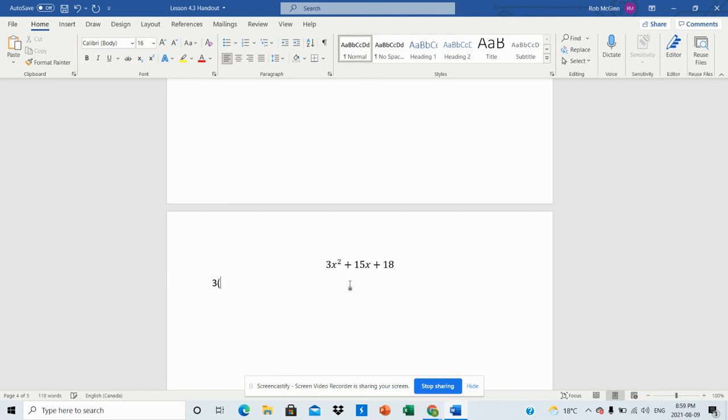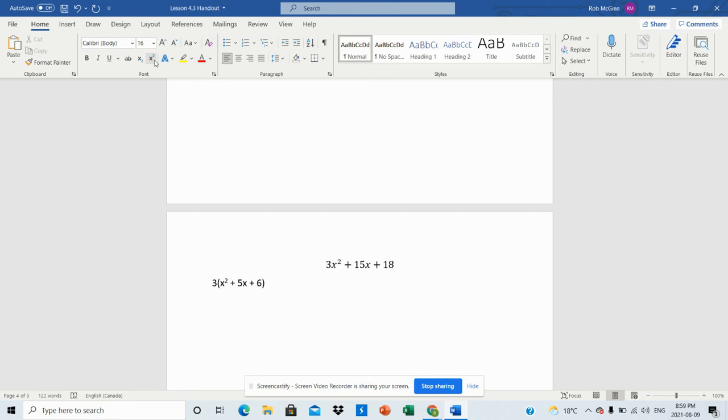So I'm going to pull 3 out and rewrite my equation. 3 divided by 3x squared is going to just be x squared. 15x divided by 3 is going to be 5x. And 18 divided by 3 is going to be 6.